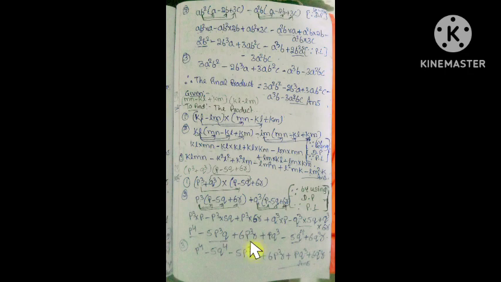Next, Q to the power of 3 into P, Q to the power of 3, minus Q to the power of 3 into 5Q. So 5 into Q to the power of 3 into Q is equal to Q to the power of 4 only. Next, plus Q to the power of 3 into 6R, 6 Q to the power of 3 into R.